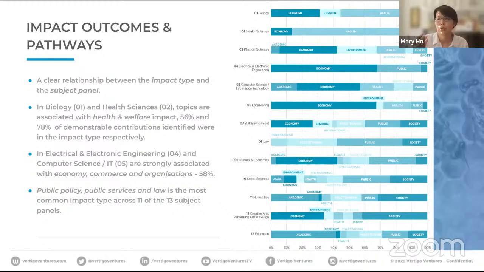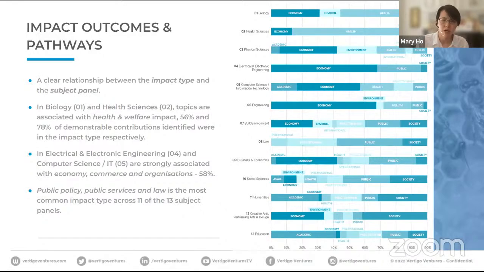So for example, in biology, which is of course the first panel at the top of the slide, nearly 60% of all the identified demonstrable contributions from all the impact case studies in this subject panel are related to health and welfare impact. So let me just very quickly go through some of the insights we have.